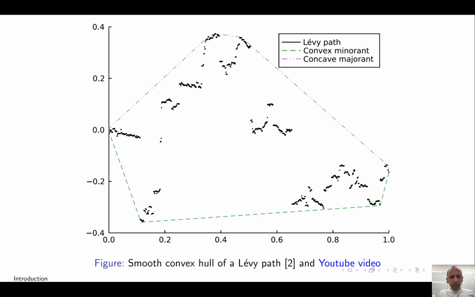In our recent work, we characterized the Lévy processes that have smooth convex hulls. The boundary of the convex hull is smooth, and this might sound counterintuitive at first because it's expected, and indeed true, that convex hulls are piecewise linear objects.